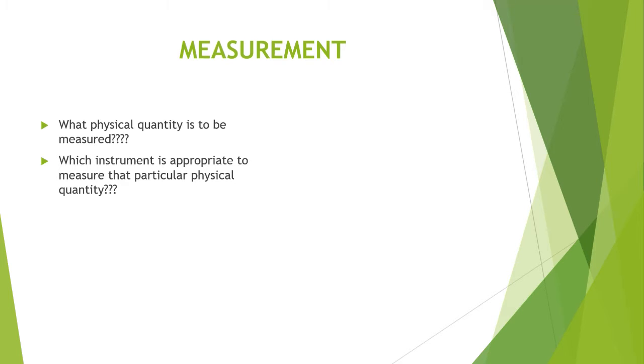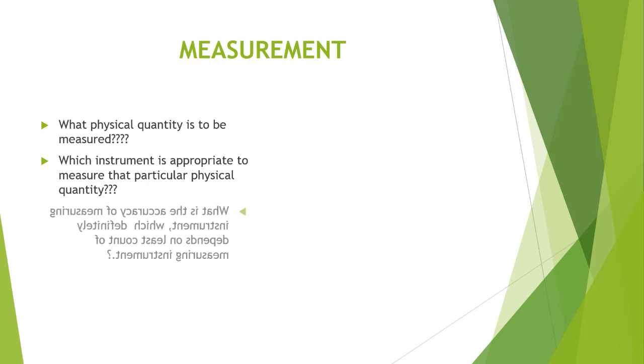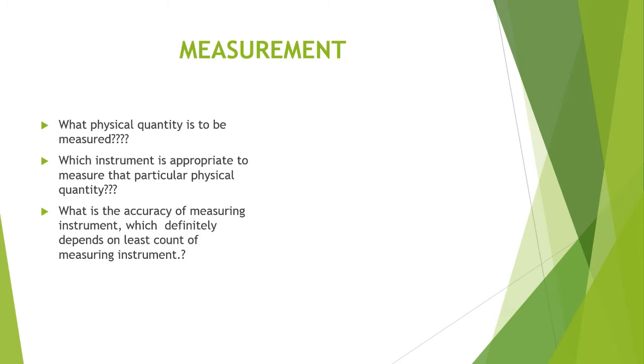Secondly, which instrument is appropriate to measure that particular physical quantity? Again, this is a very important question. So we will select the instrument which is being used here. Thirdly, once you have chosen the instrument, you must know the accuracy of that measuring instrument.